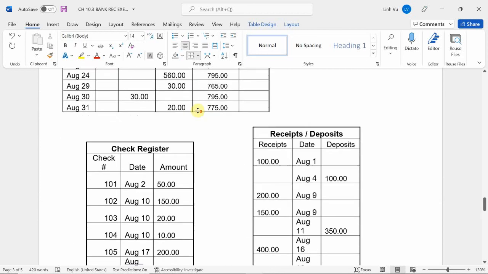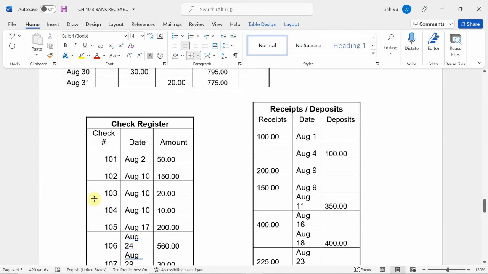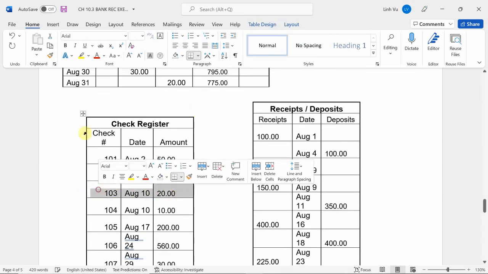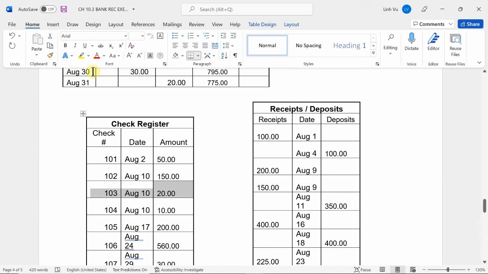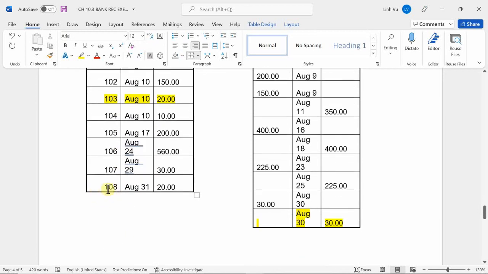So let's take a look. Check number 103 was for $20. And check number 108 was also for $20.